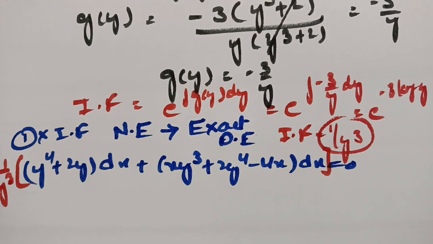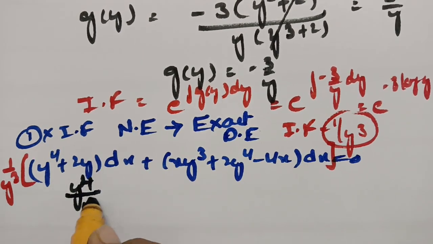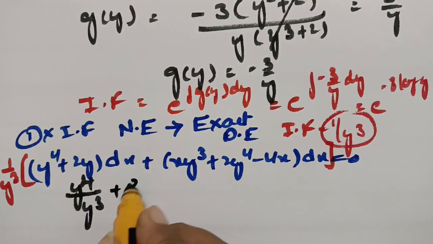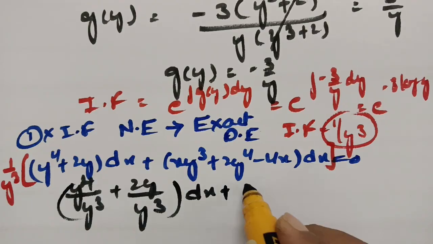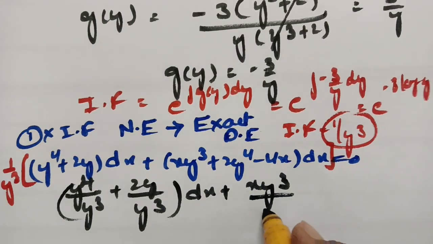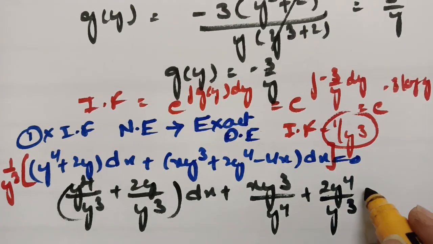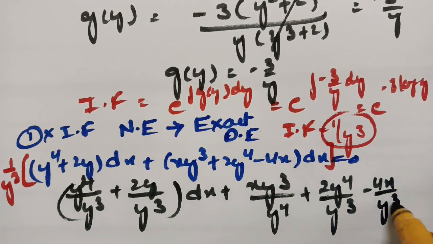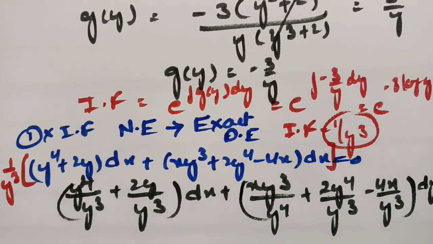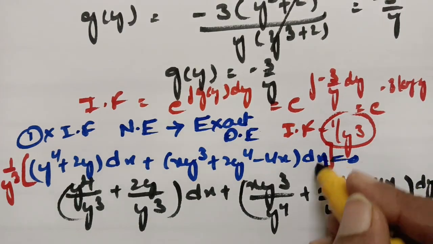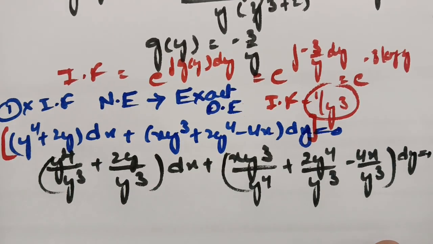Now what happens here, if I multiply, this is going to become y power 4 by y cube plus 2y by y cube into dx plus xy cube by y power 4 plus 2y power 4 by y cube minus 4x by y cube into dy is equal to 0. And now see here, it is also very simple.